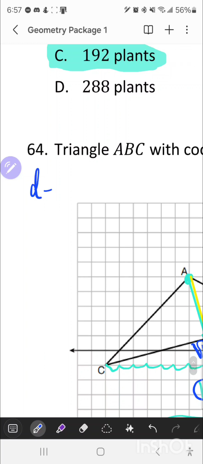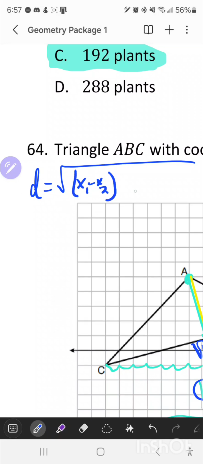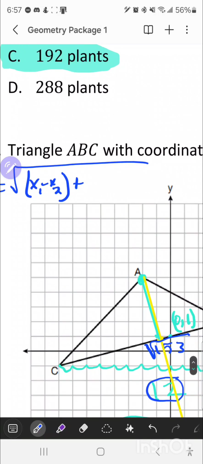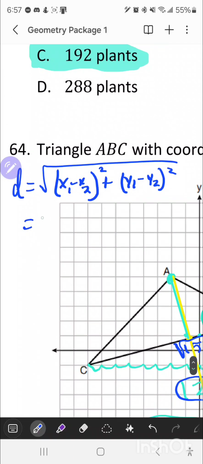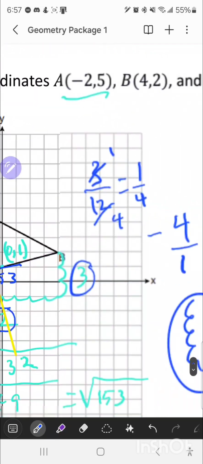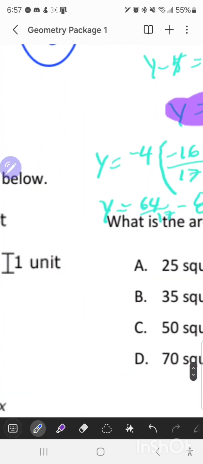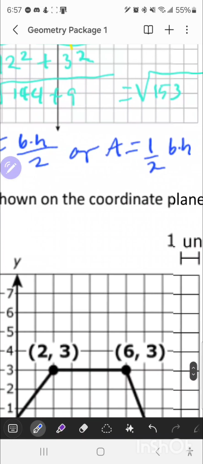So the distance formula equals the square root of (x1 minus x2) squared plus (y1 minus y2) squared. This will be x1, negative, okay, what did I put?